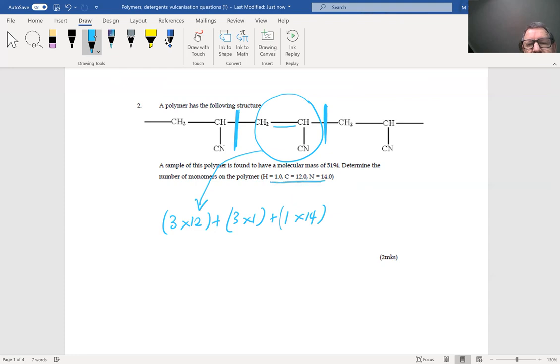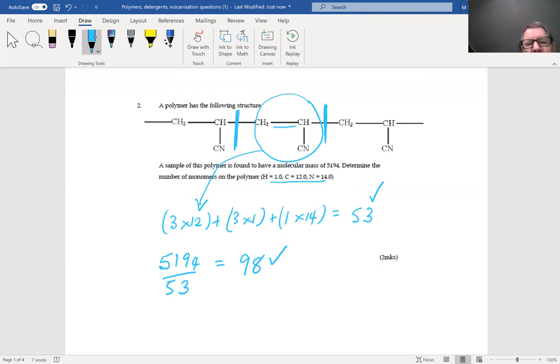They give you the Ar values here. And that's going to equal 53. Of the 2 marks, one of them is for just doing that. Then you go, okay, if the whole thing weighs 5194, how many 53s are there in 5194? It's 98. Do the calculator. And that's the second mark.